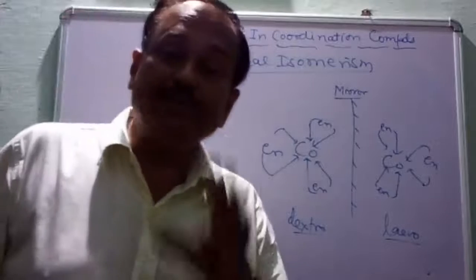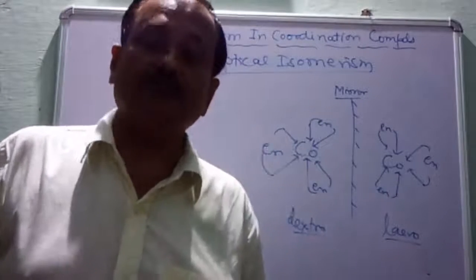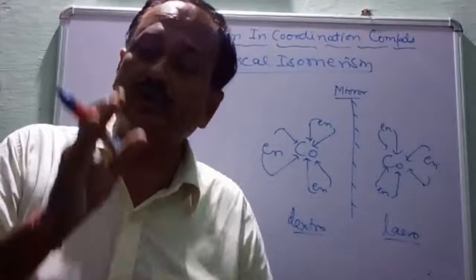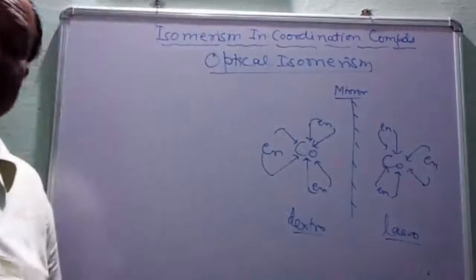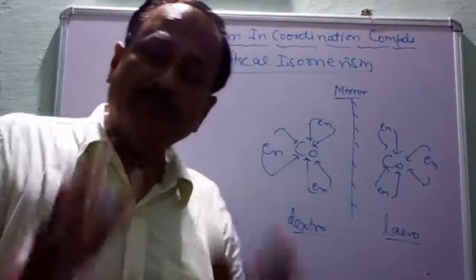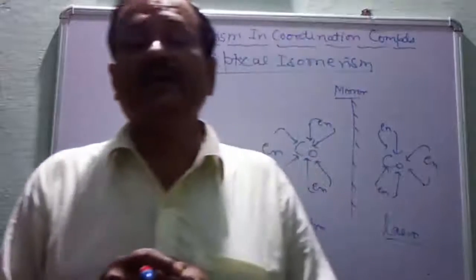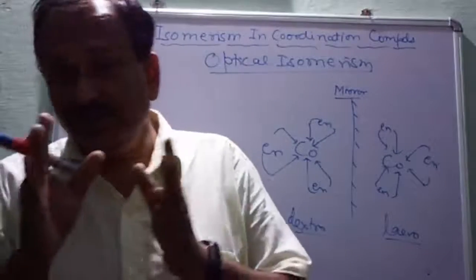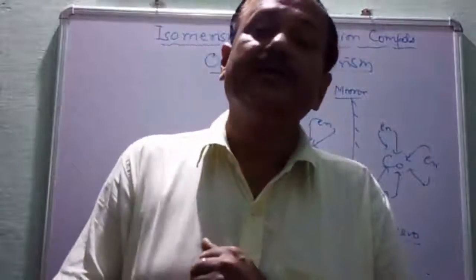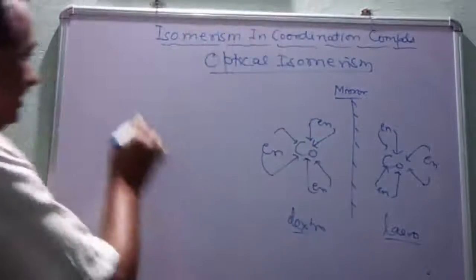Isomerism is a very important property of coordination compounds also. Coordination compounds also exhibit optical isomerism, just like organic molecules. Optical isomerism may be defined as the property of some enantiomers. In optical isomerism, the isomers are called enantiomers.